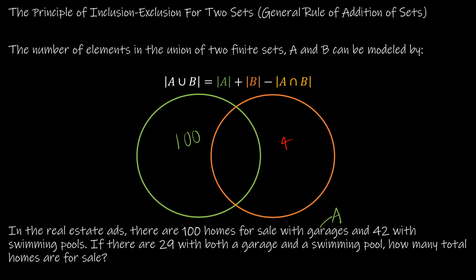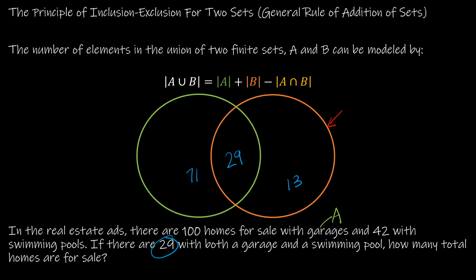So this is 42, but again, everything inside of here needs to be a sum of 42. So now if I plug in that 29, that's where that minus 29 here is going to come into play. So 100 minus 29 is 71. So 71 total, and then 42 minus 29, remember, was 13, so 13 total.